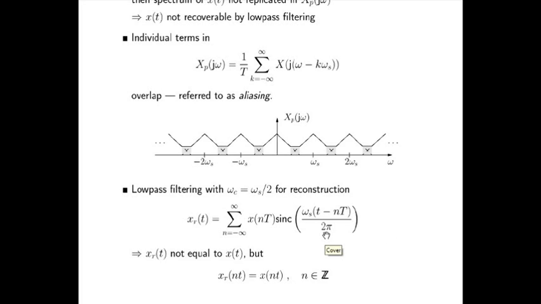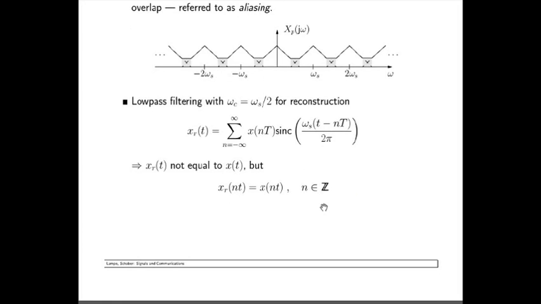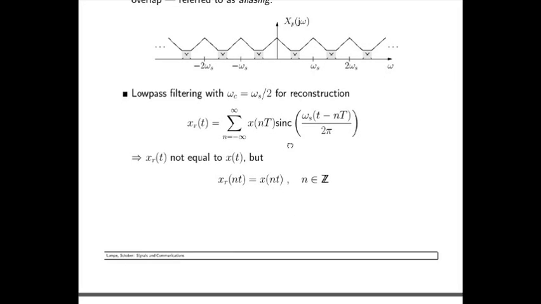But Xr(t) will not be equal to our original signal x of t, except possibly for a scalar multiple when the independent variable t in the reconstructed and original signals is the same. So these are a few observations or effects of aliasing.